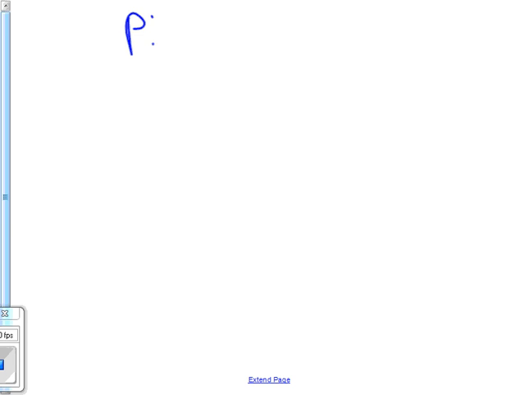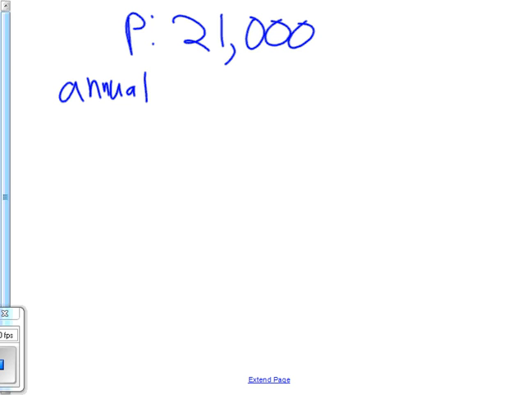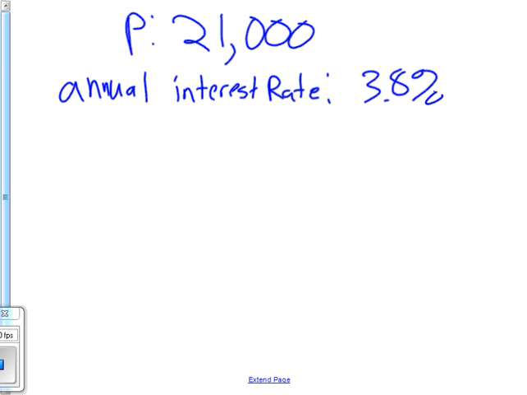Our principal that we're borrowing is going to be $21,000, and our annual interest rate is going to be, let's make it 3.8%.